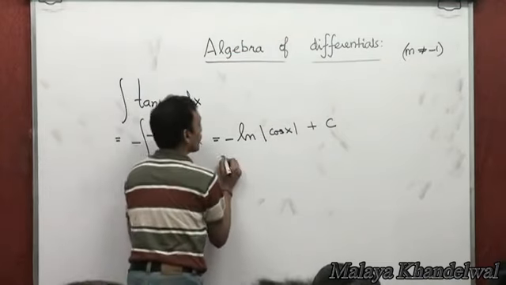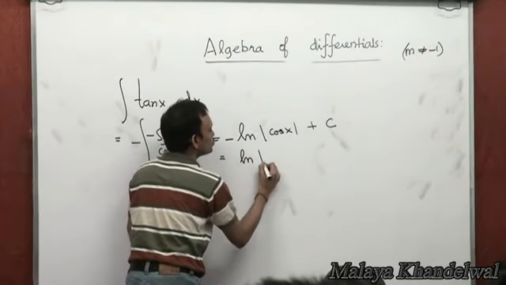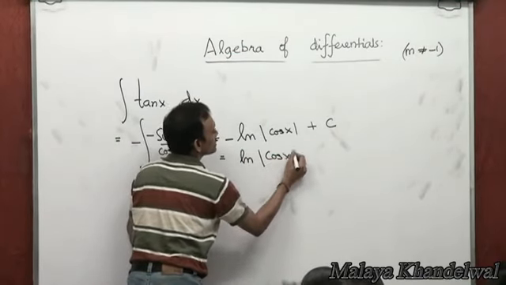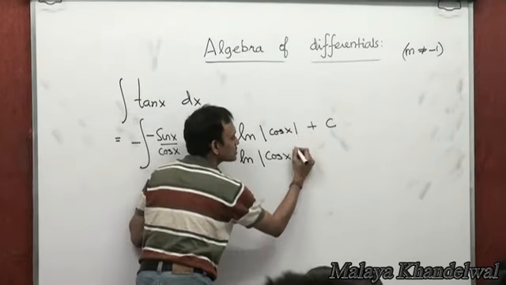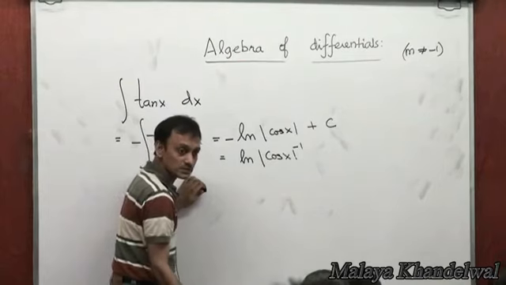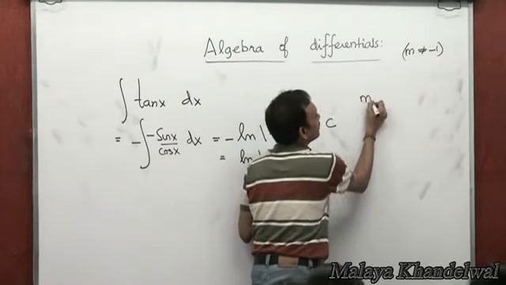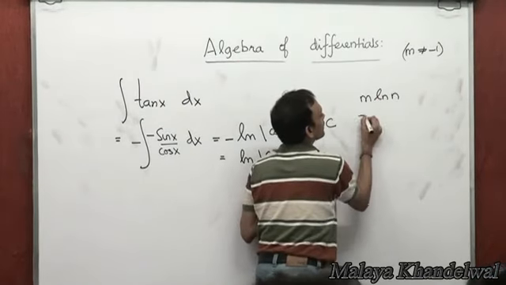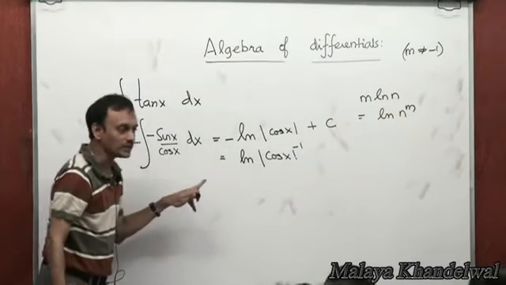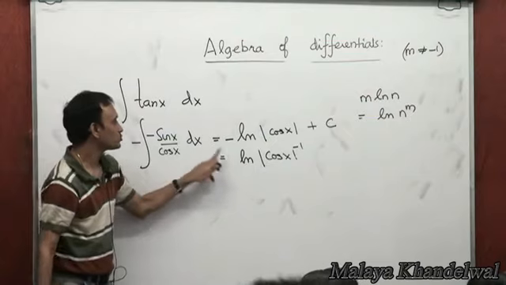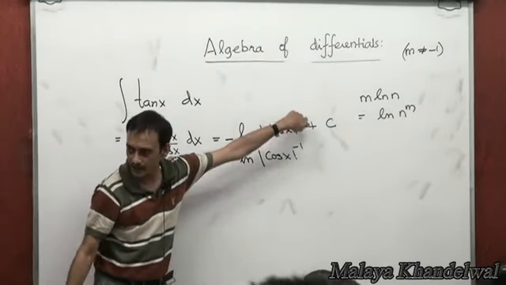And then why not do the following? Log mod cos x. Allow this minus to occupy a place in the power here. That's a property of logarithms: m log n is log n to the power m. That's the property that we've deployed here. So this minus 1 goes there.